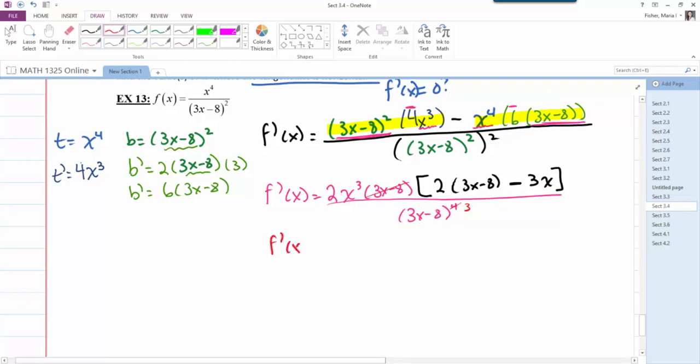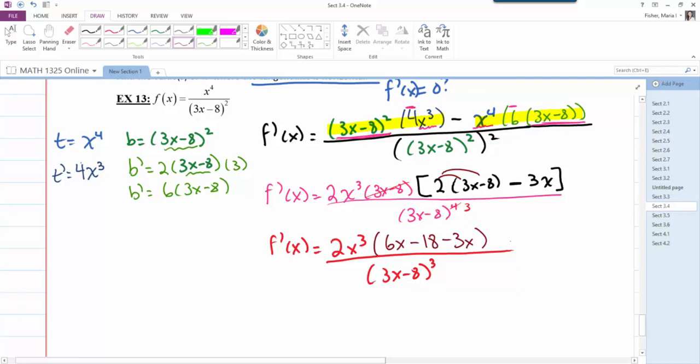So f prime of x right now is going to equal 2x cubed all over 3x minus 8 to the third. And then let's go ahead and distribute and work with what's inside of those parentheses. In here, if I distribute my 2, I get 6x minus 16, and then a minus 3x.